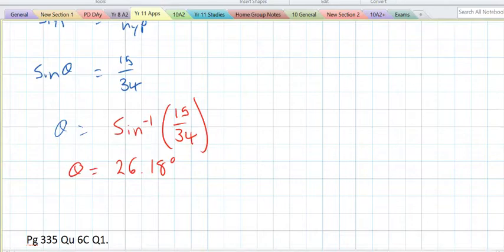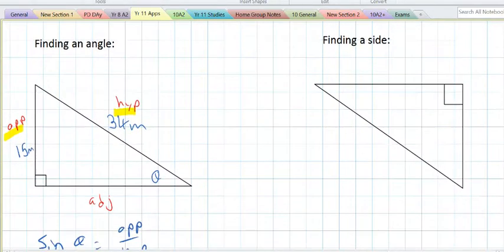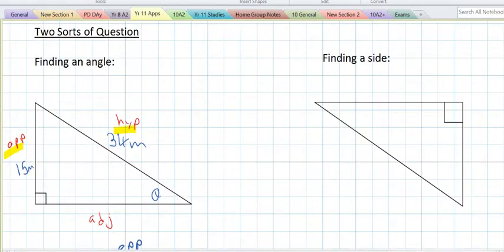Okay? Right, other one, finding a side. Gabby, give us a number. 15? Tyler, give us another. Lovely. Alright, first step, label the sides.